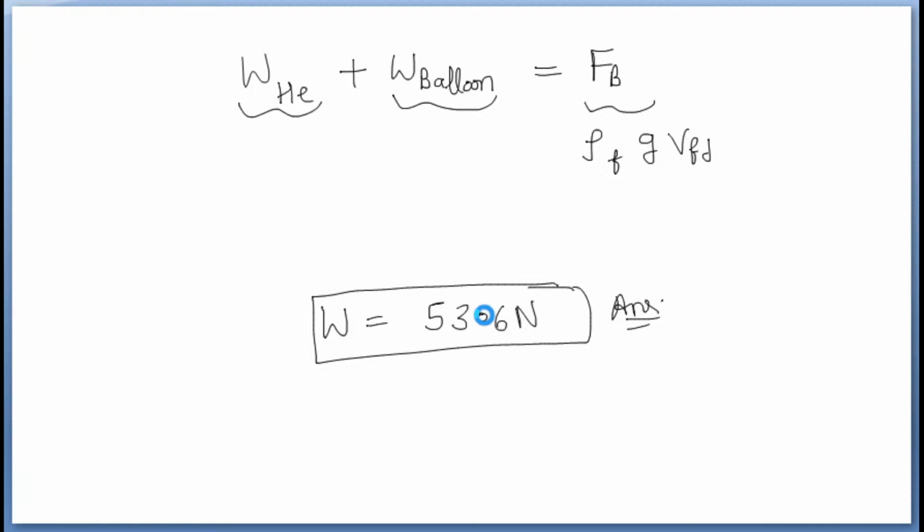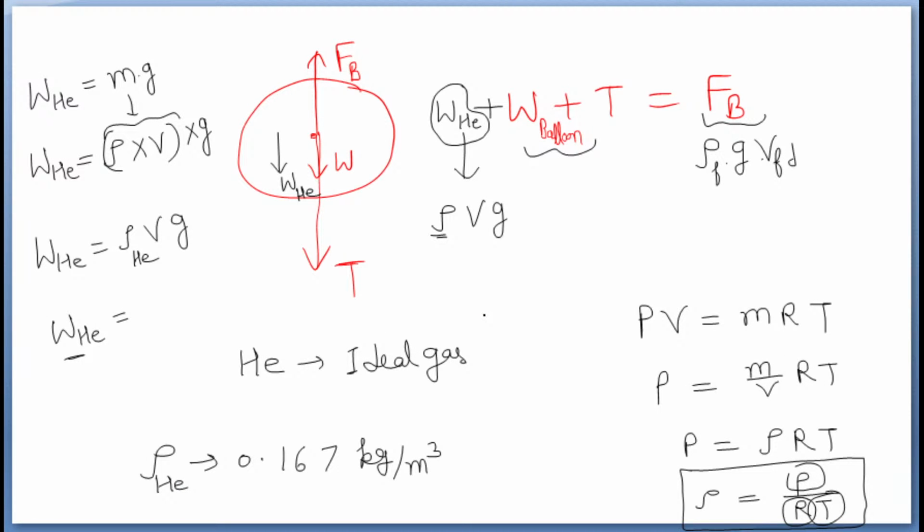The things which are used in this problem, I told you. You have to consider the buoyancy force due to the atmospheric environment, and you have to consider the weight of helium also. This is the important concept in this question.